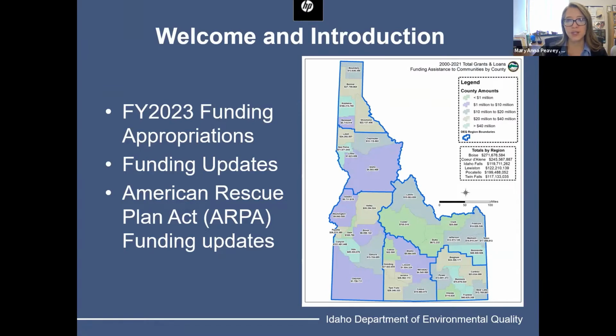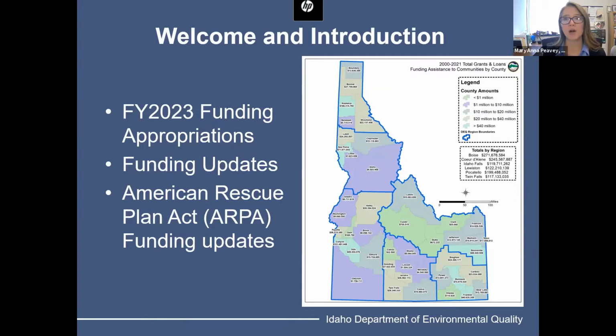Now, these appropriations and grant amounts vary year to year. But in the last few years, for each of these grants, we have received around $7 million each. Now, these grants require a state match, around 20% for each of these grants that the state of Idaho contributes.